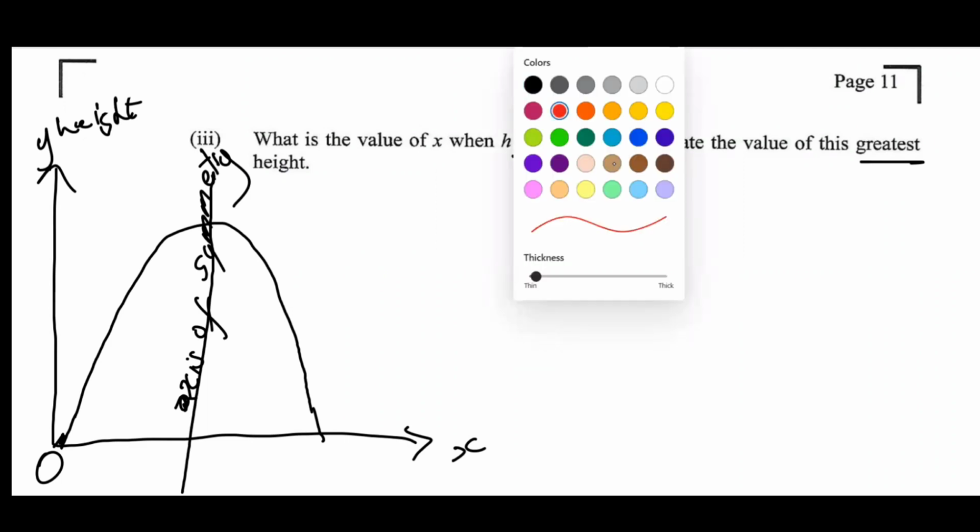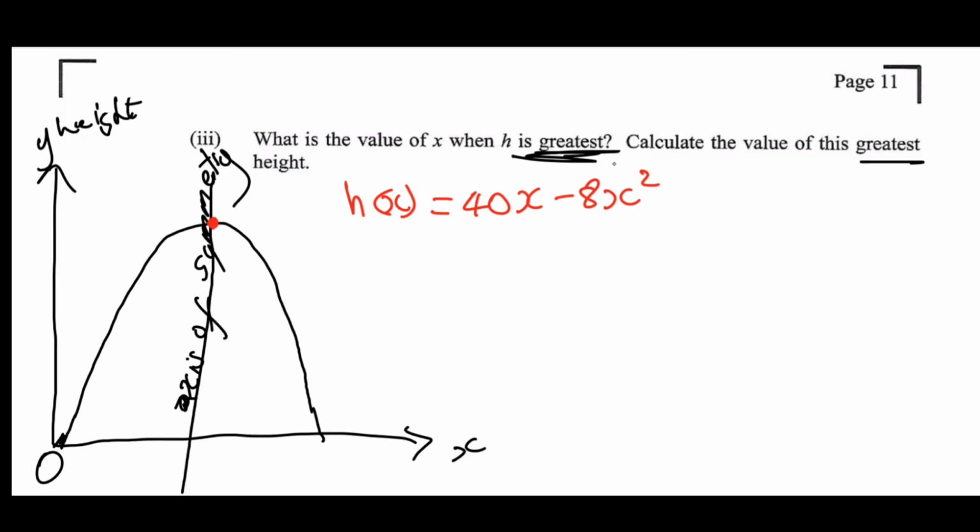So all we have to do is find the axis of symmetry. Axis of symmetry is an x value. When we find it and substitute it in the original function, it's going to tell us the height at that greatest point. We're able to find that by utilizing the axis of symmetry.